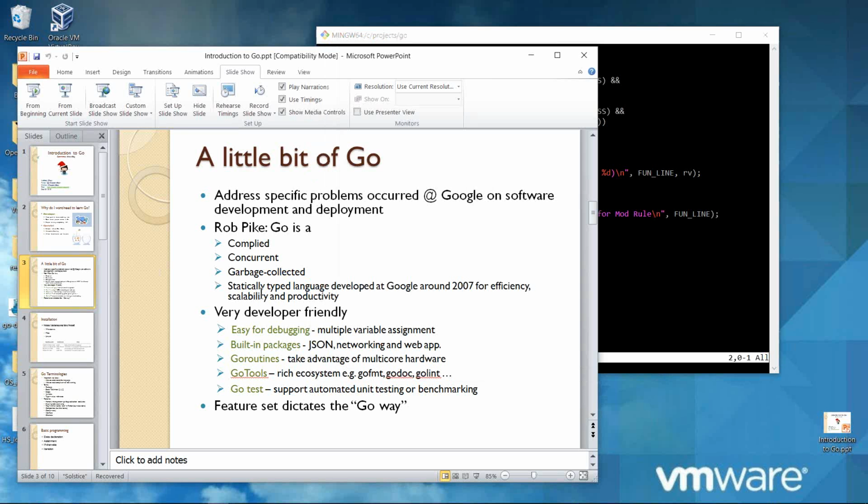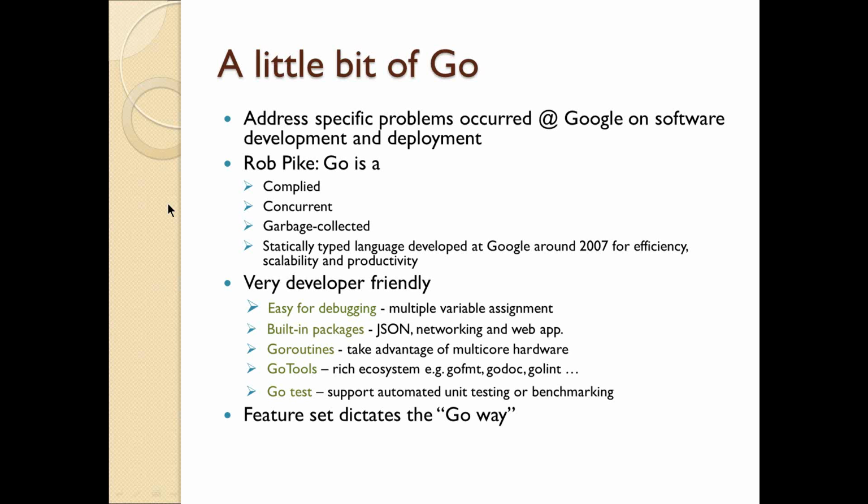And also, if we look at Go, let's go back to the slide, it has built-in packages for contemporary modules or functions, such as JSON, networking, or even web applications. For this, we can easily use well-tested sections of code for our program so that we'll be safe.